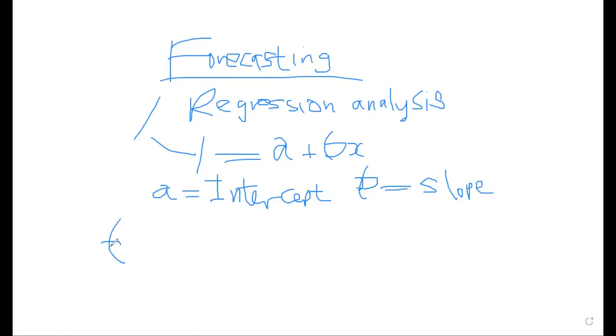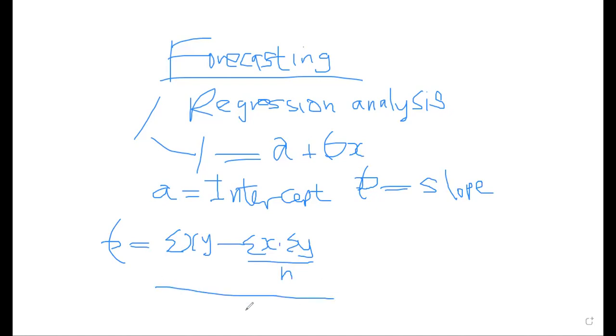So as you get to B, you look at the summation of xy minus the summation of x multiplied by the summation of y over n, over the summation of x square minus the summation of x, the whole square, over n.